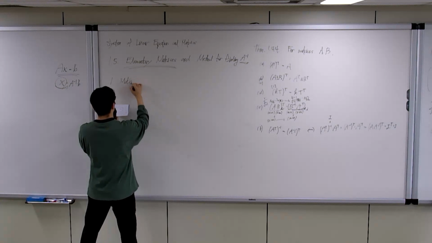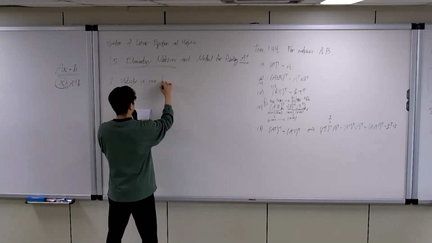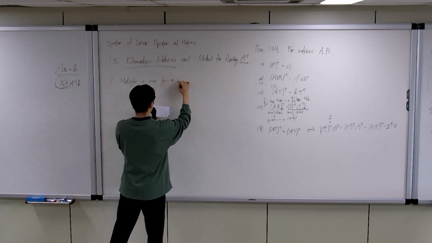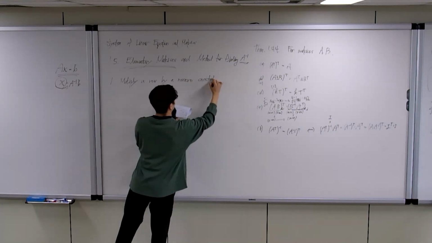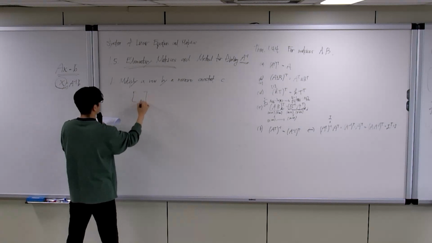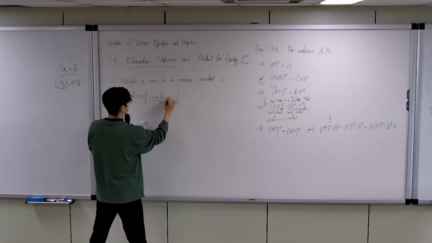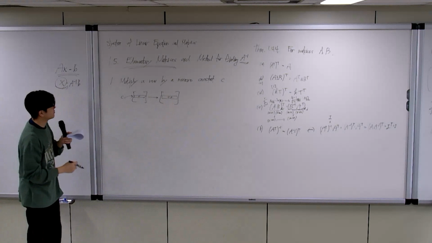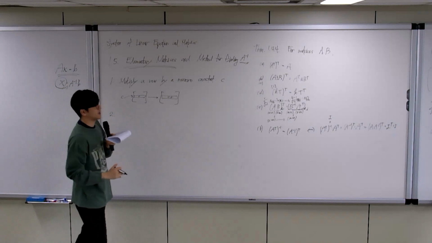Firstly, multiplying a row by a non-zero constant. It means that if we have a matrix, we can multiply row R by C as an elementary row operation.